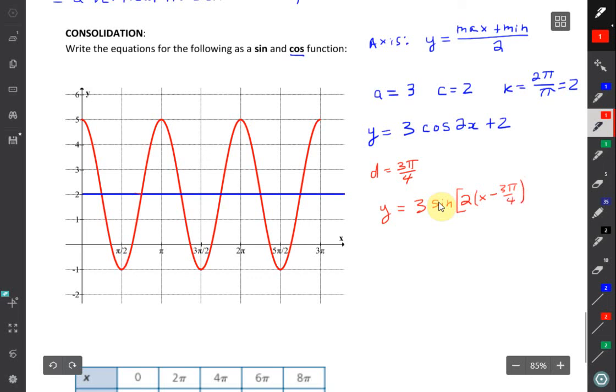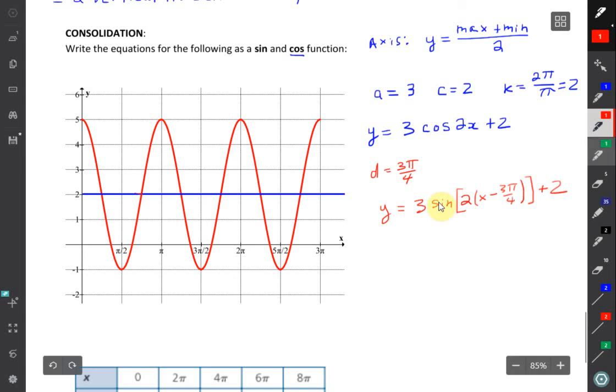So normally we just think it's going to the right, so we're going to have an opposite sign here. But in terms of the constants, they write the general transformation function so it already has a minus here. Normally I won't write this part here. I will simply write it in here and think about the fact we need the opposite sign, and then still this plus 2 is the same. So there's the two possible equations.